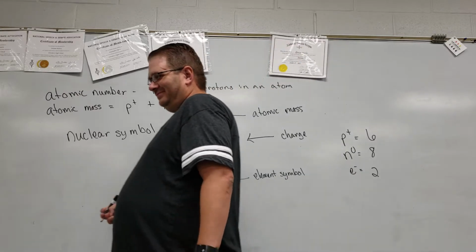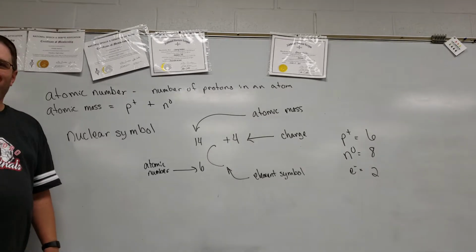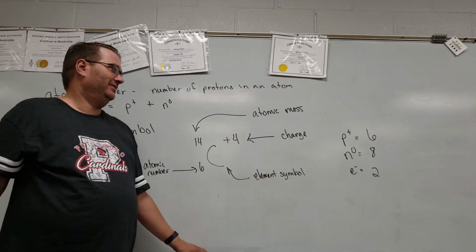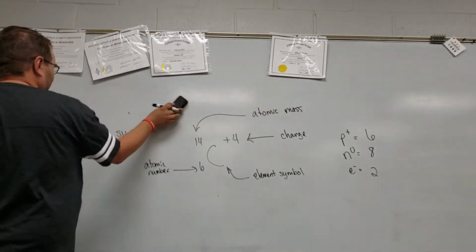Because it's a positive 4 charge, so it has to equal out. 6 minus 4. It's a positive 4 charge, so the 2 electrons will cancel out the 2 protons. It's like positive and negative charge.